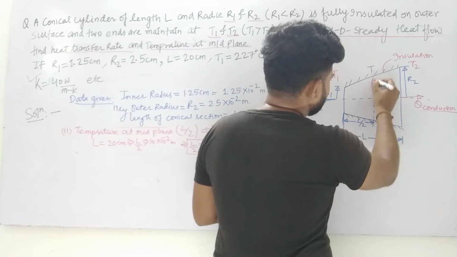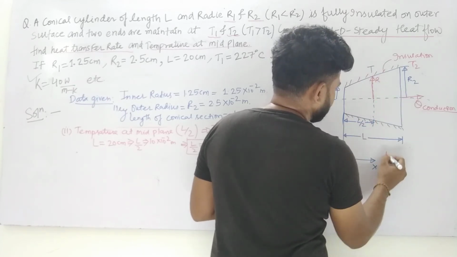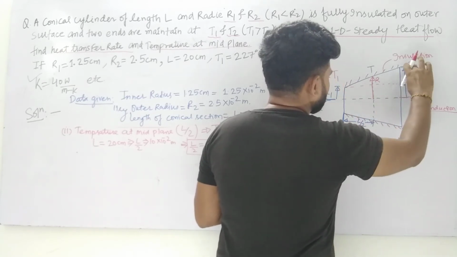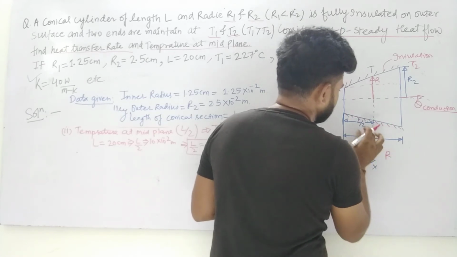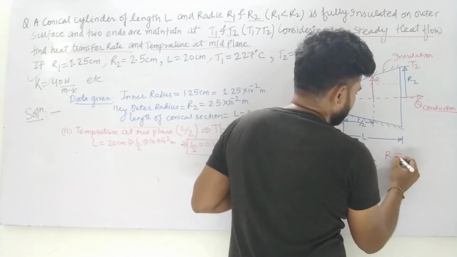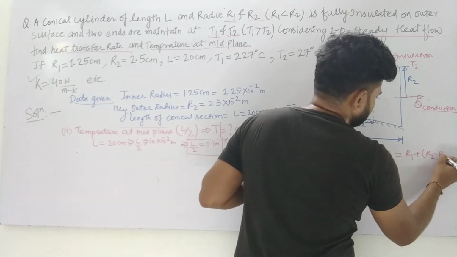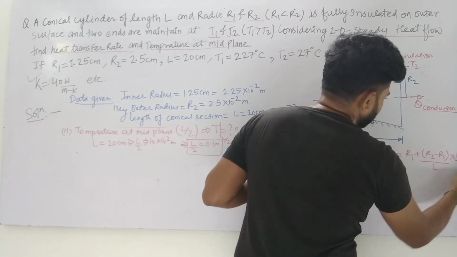Can I calculate the value of that R, my dear students? Value of that R. So again, that congruency of triangles, that is R2 minus R1. This is R, this is X, or we have taken this L by 2. So R is given by how much? R1 plus R2 minus R1 divided by L multiplied by X, which is L by 2.